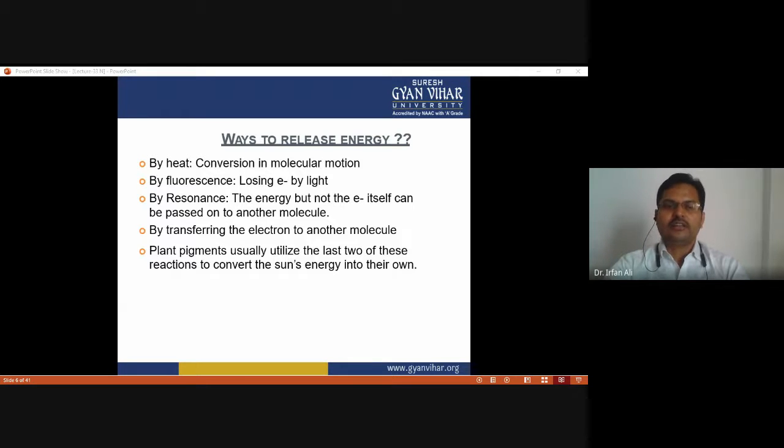So these are the various ways by which the electron can release its energy while coming back to a lower energy level. And plant pigments usually utilize the last two of these reactions to convert the sun's energy into their own.